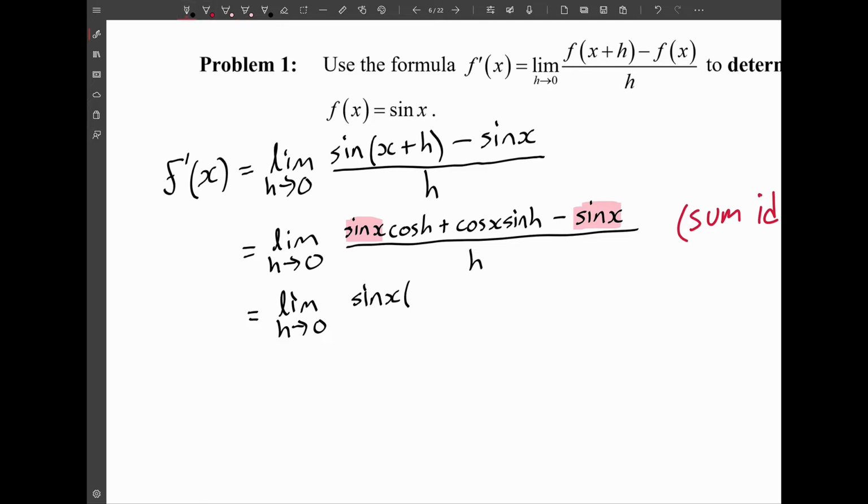If I pull the sine x out to the front, what I've got left is cosine of h minus 1. And then I still, of course, have the cos x sine h, and that's all over h.